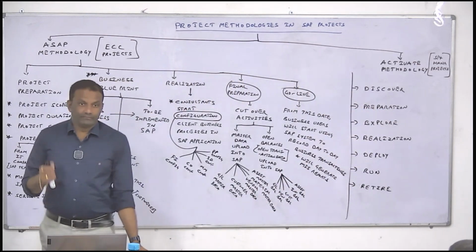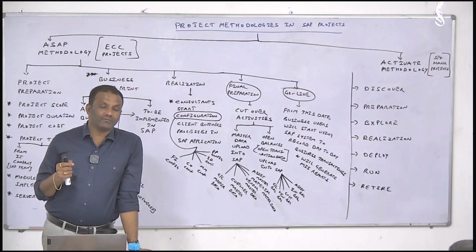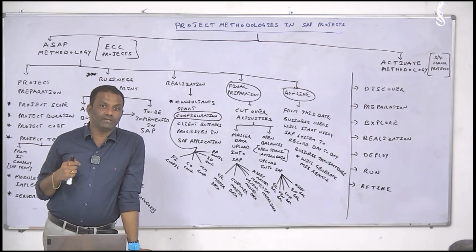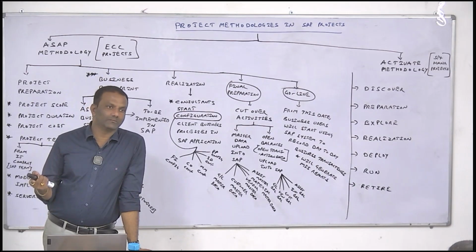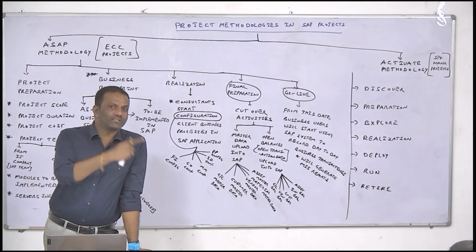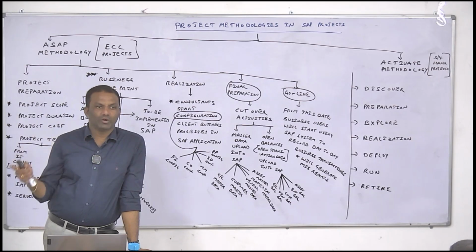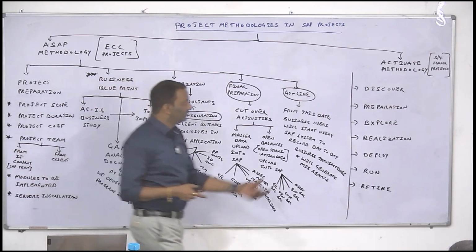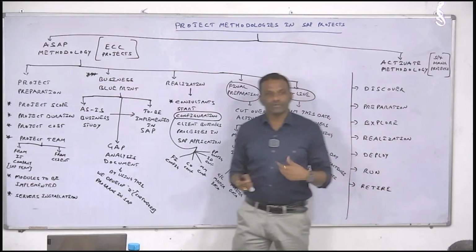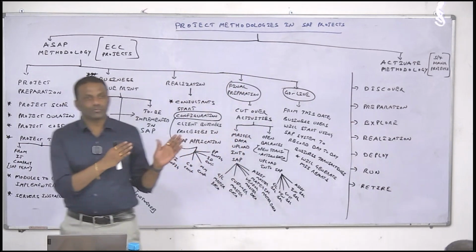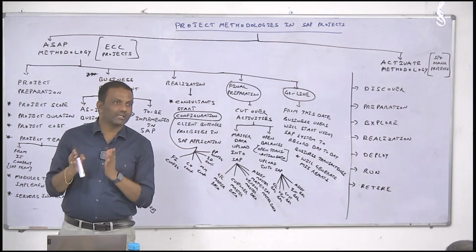Explore. As a consultant, we will explore the SAP system, whether all these business processes can be configured in the SAP system or not. Right or wrong? So the consultant will explore in the SAP system: can all client business processes be mapped in SAP or not?